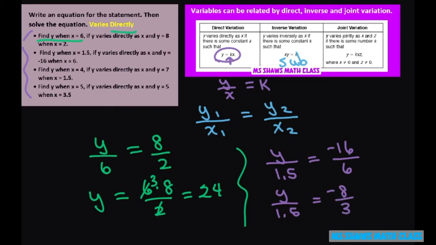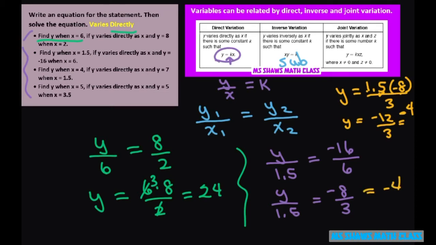And you cross multiply, trying to keep this y equals 1.5 times negative 8 divided by 3. So this is going to be negative 8 minus 4 is negative 12. I just multiplied 1 times negative 8, then I took half of negative 8. This is if you're doing it without a calculator, which I love to do to keep my mind sharp. So the answer to this one is just negative 4.